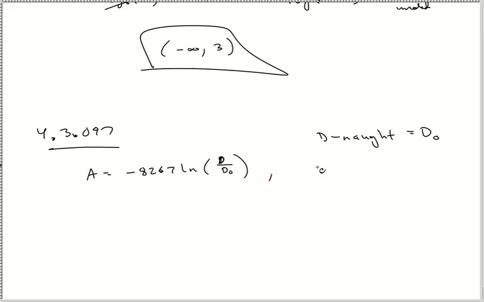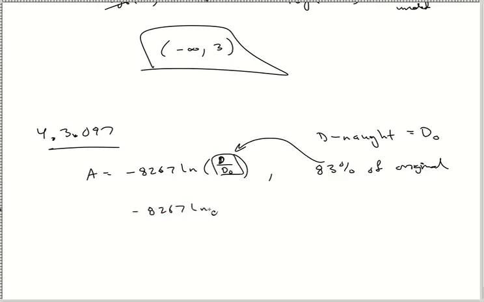Here in this particular case, we're talking about 83% of the original amount. Figure out what my final amount is. Because this is a ratio of d over d naught, I'm just plugging that in for the entirety of that fraction.